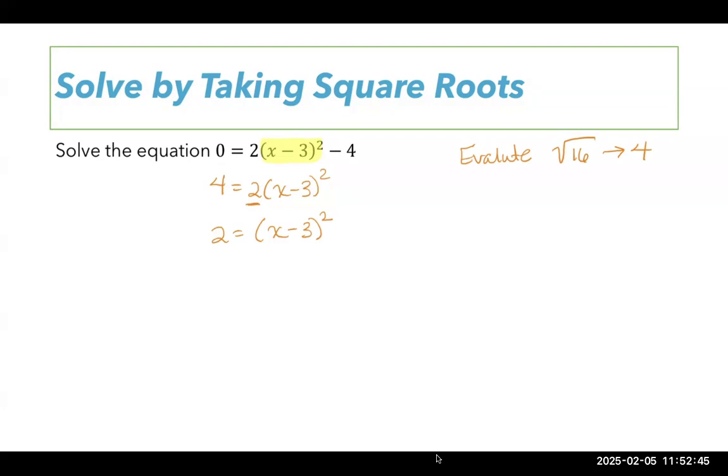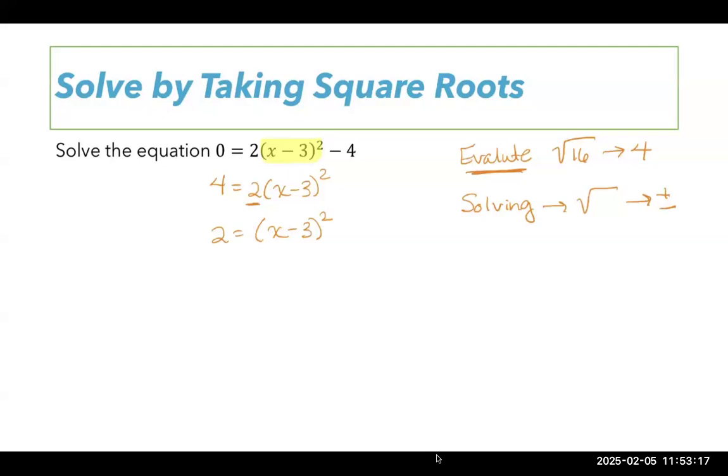Even though it is true that a negative 4 squared would also give you 16, in an evaluation problem, we're only looking for positives. But when we are solving, we are looking for all possible solutions. And so when we are solving, if we take the square root of something, we need to give both the positive and the negative possibilities.